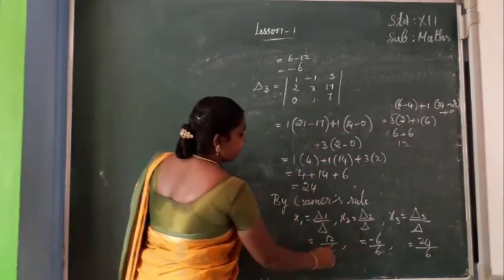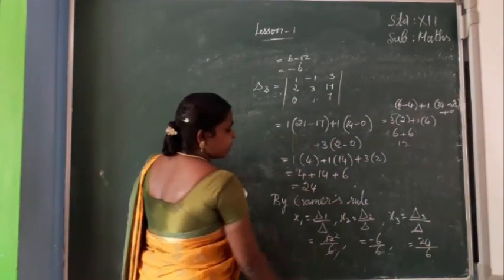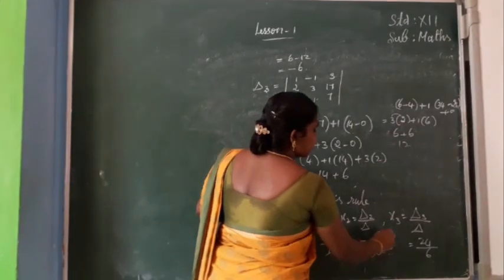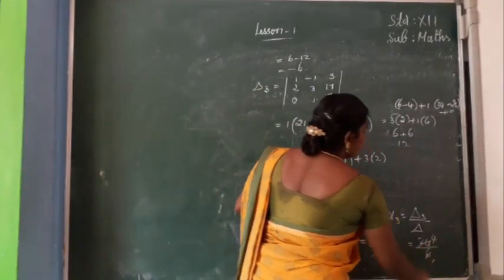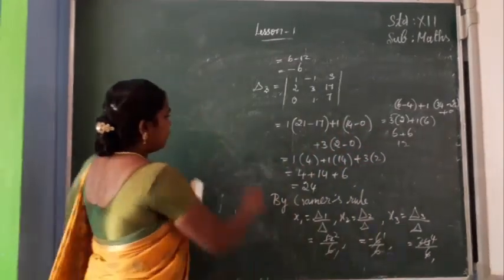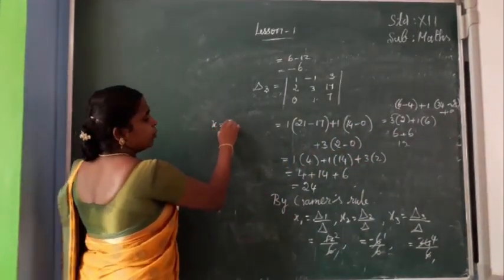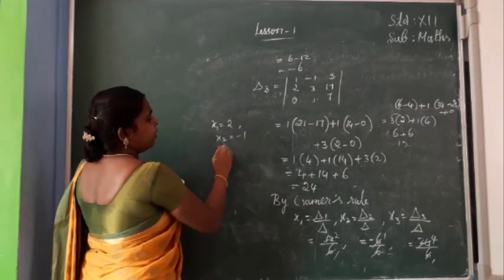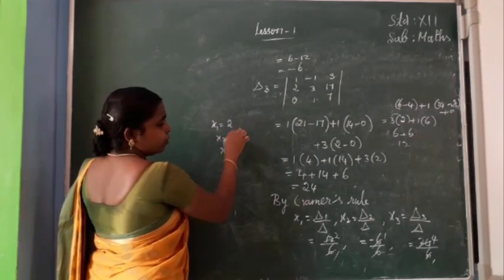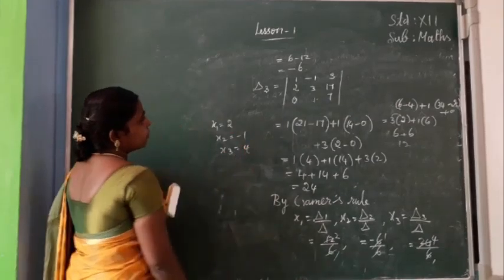Simplify and get the answer: 1 6s are 6, 2 6s are 12, and 4 6s are 24. Now you see the values: x1 equal to 2, x2 equal to minus 1, x3 equal to 4. So this is the answer.